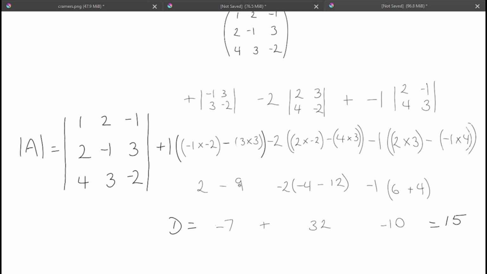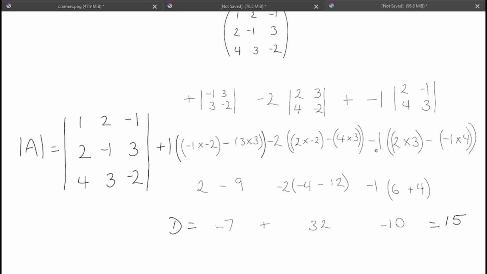So 2 minus 9. And then we have 2 on the outside, open brackets, 2 by negative 2 minus 4 by 3. So this will give us 2 by negative 2 is negative 4 minus 4 by 3, which is 12.